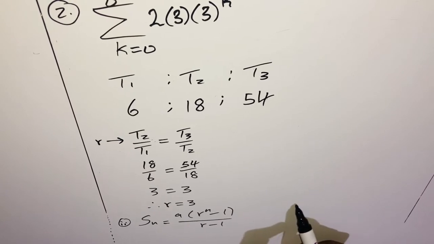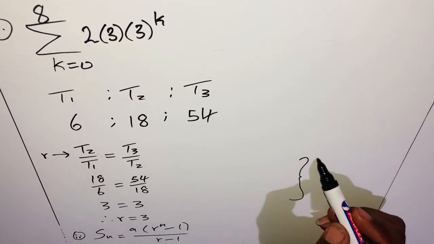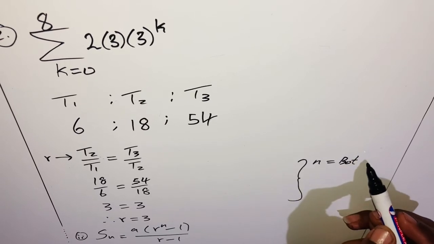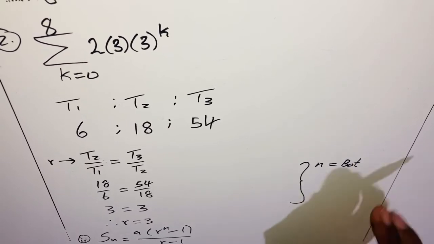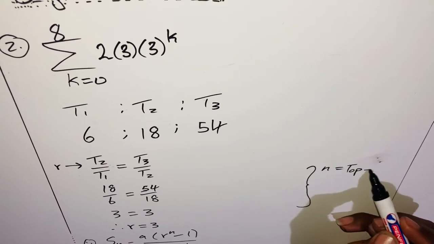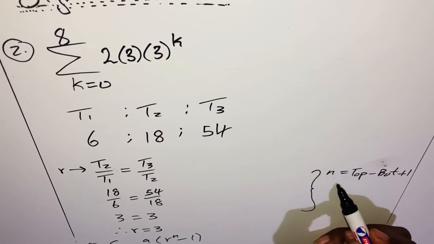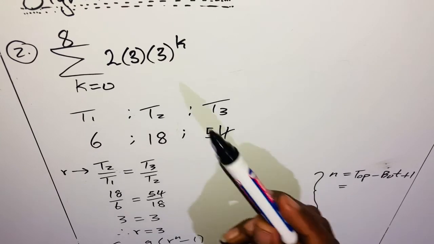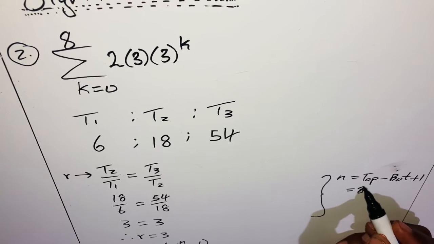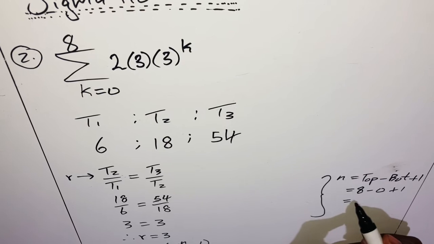Using my formula, let's put it here, that formula where we have our n given by top minus bottom plus 1. This is our top minus bottom plus a 1. My top on my sigma is an 8, bottom is 0, so it's 8 minus 0 plus 1. I find my n to be a 9.